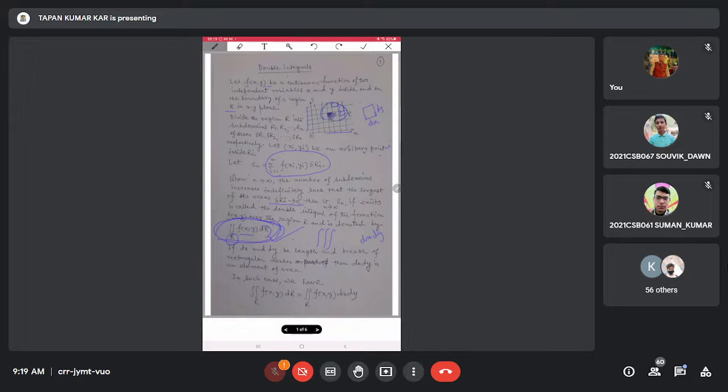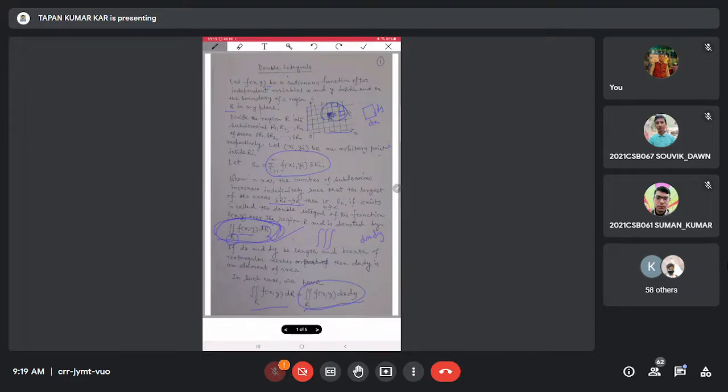So this integral over R of f(x,y) dR equals the integral over R of f(x,y) dx dy. So finally, we have to solve this one.